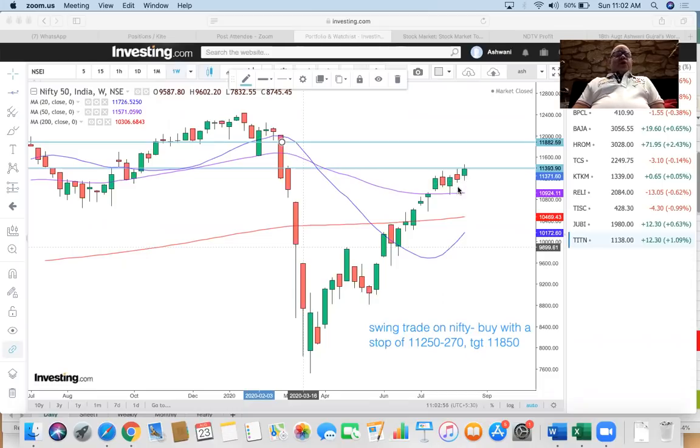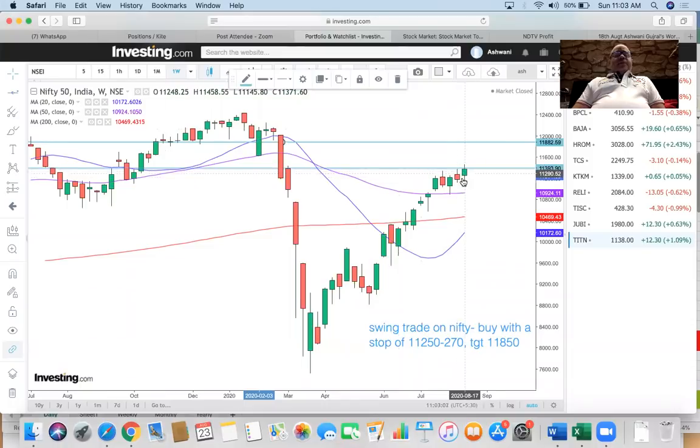Since your stop is fairly wide, I think it shouldn't basically bother you. Even if we open, say, about 50 points higher, the weekly chart is clearly showing that it is ready to expand.